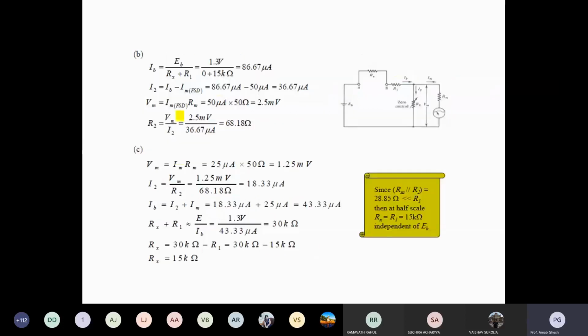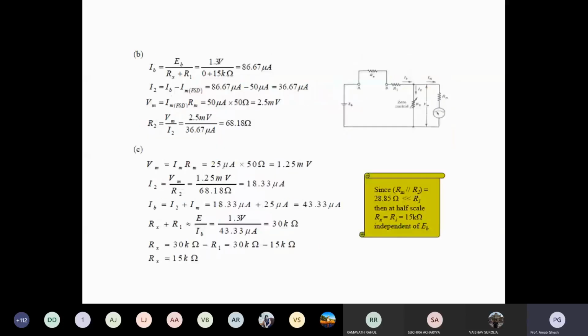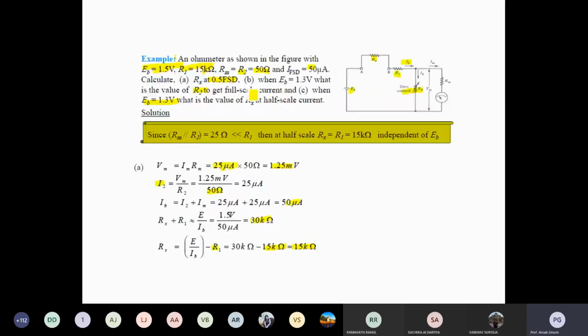For condition 2, what is the problem? When EB equals 1.3 volt, you need to find the value of R2. Initially you have to make Rx equal to 0 because it is given the full scale current.